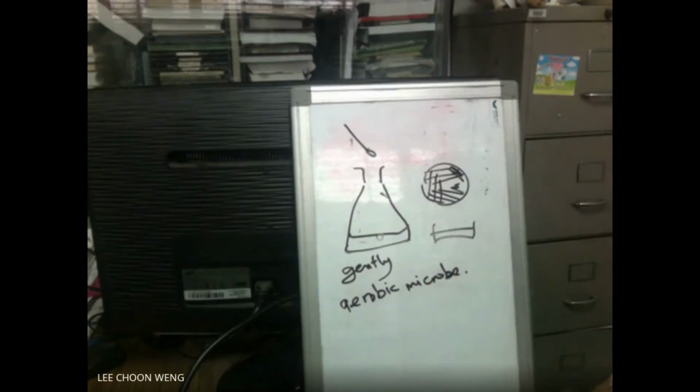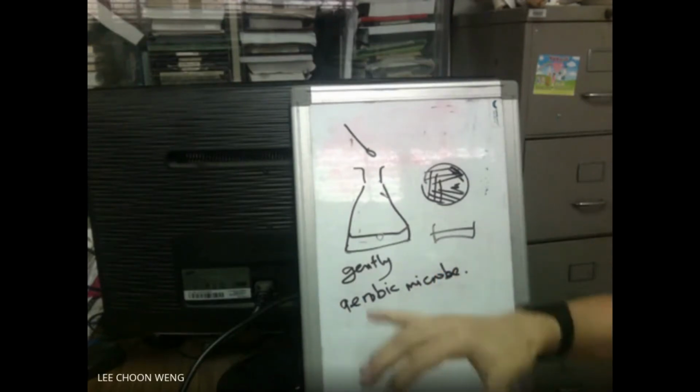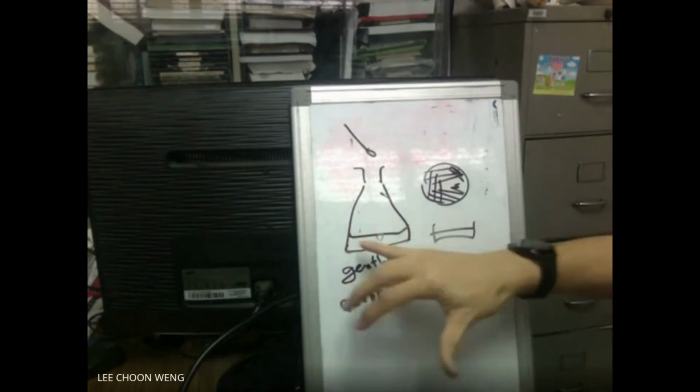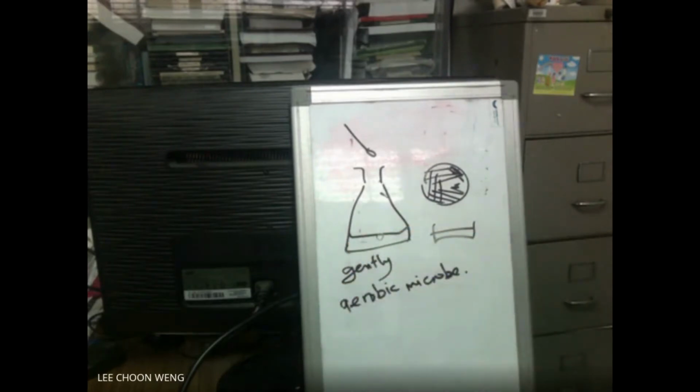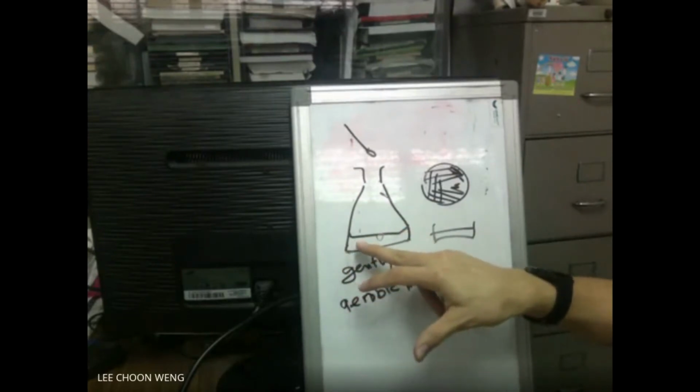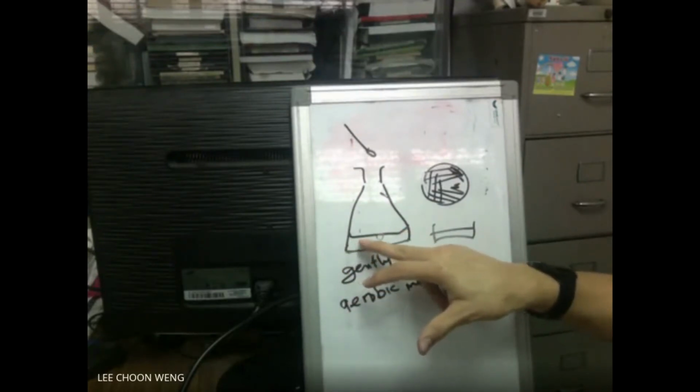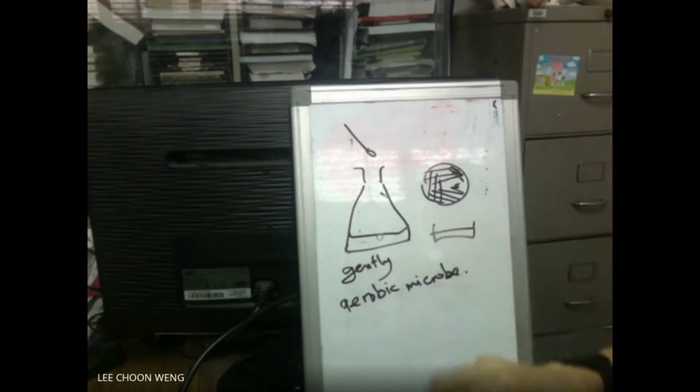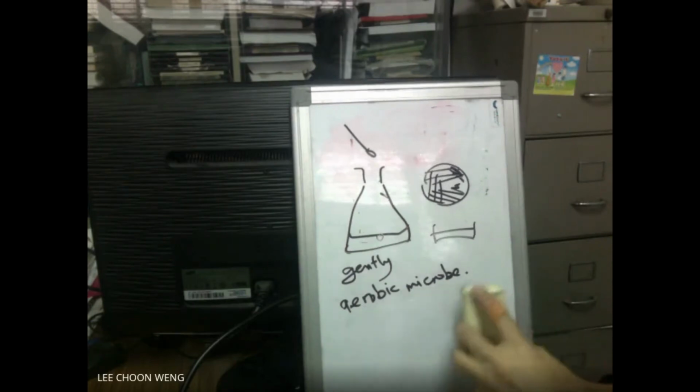Because it's aerobic, it will prefer the interface, so it will grow as a surface film on the top. So you do it gently so that you don't disturb it, so that you can increase the chance of isolating the Azotobacter that you want.